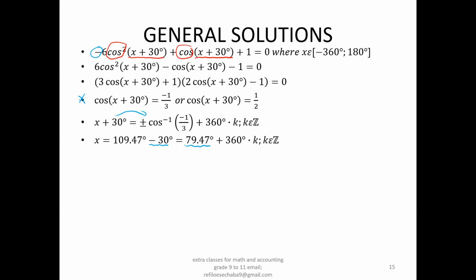Is that what you're saying? The answer, you would write 109,47. You would say 180 minus 109,47, but 109,47 is already in the second quadrant.